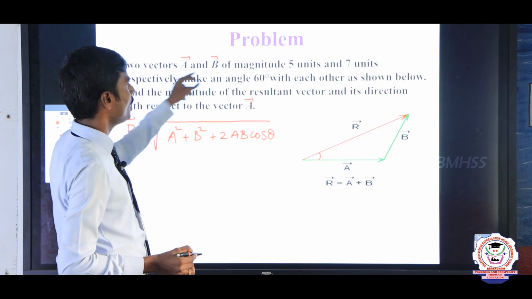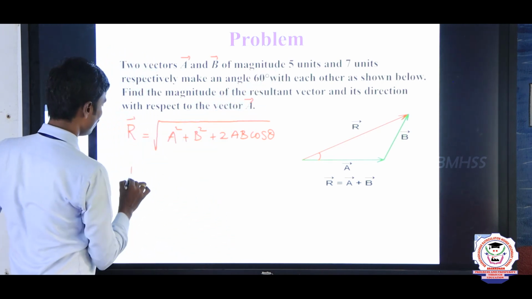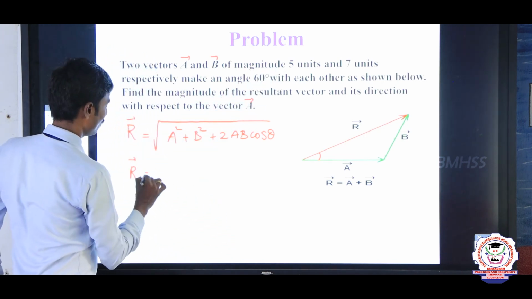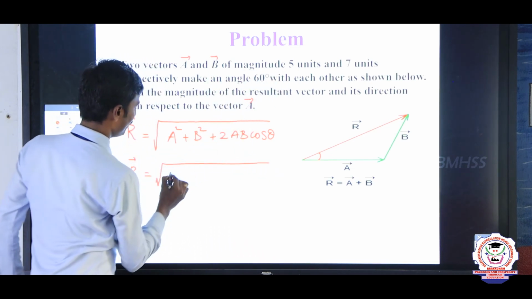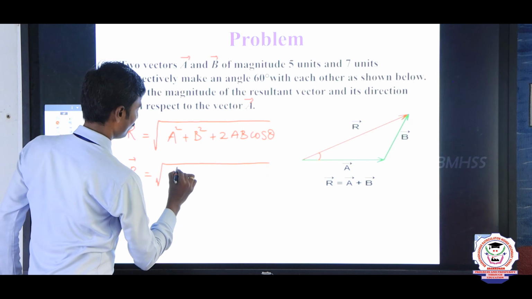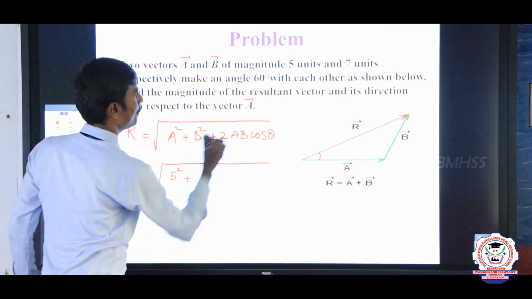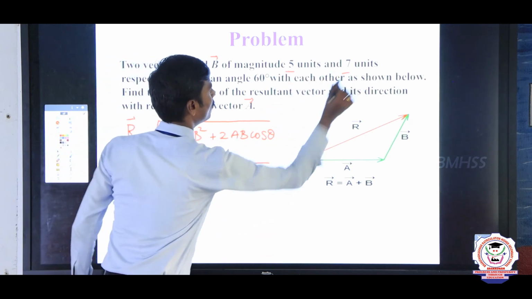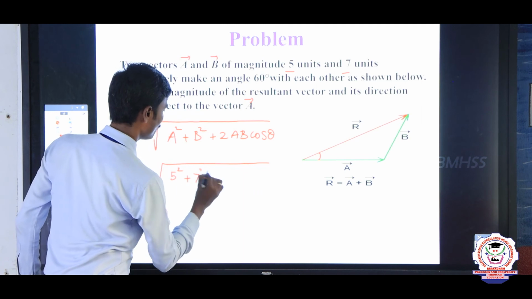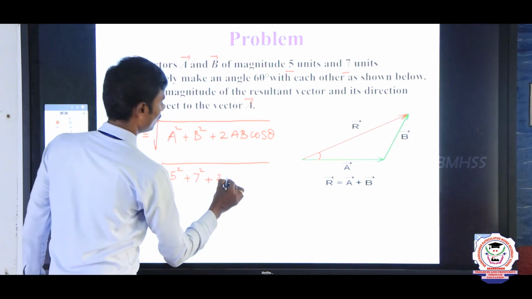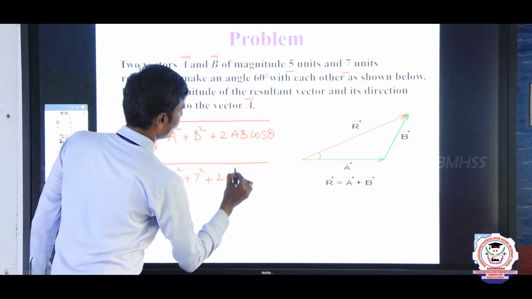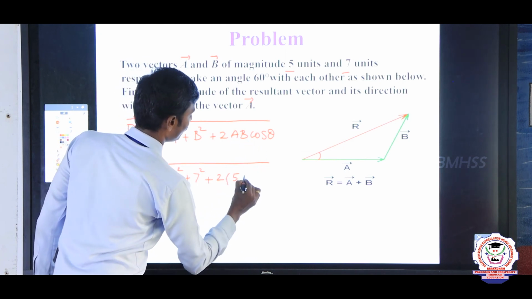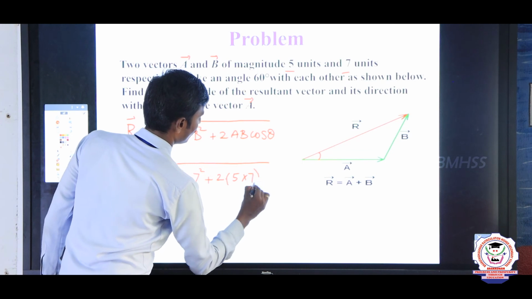Yes, substituting this value. Magnitude of A vector, A equal to 5 units. So here R vector equal to square root of 5 square plus B square, 7 square, plus 2 into A into B, which means 5 into 7, cos 60 degree.